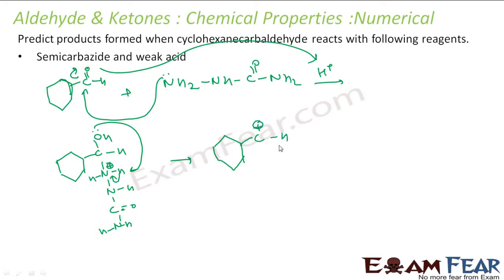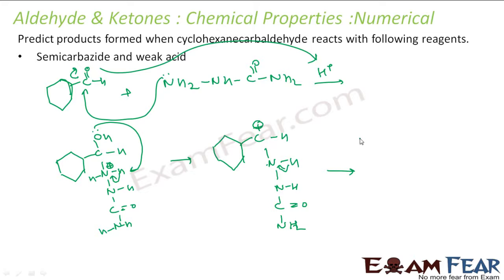Carbon with a positive charge, nitrogen with a hydrogen, CONH2. Now carbon wants to get rid of the positive charge, so if it convinces nitrogen to kick this hydrogen out, nitrogen gets a negative charge, and negative and positive form a double bond, which is more stable. The reaction always goes in the direction of stability, so this hydrogen will go off and nitrogen gets a negative charge.